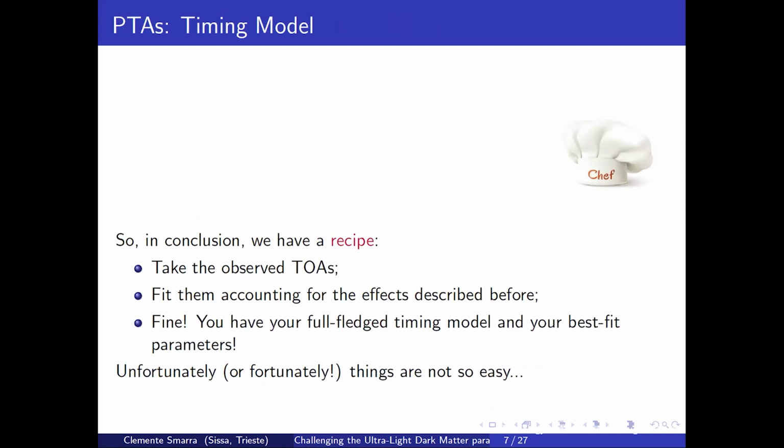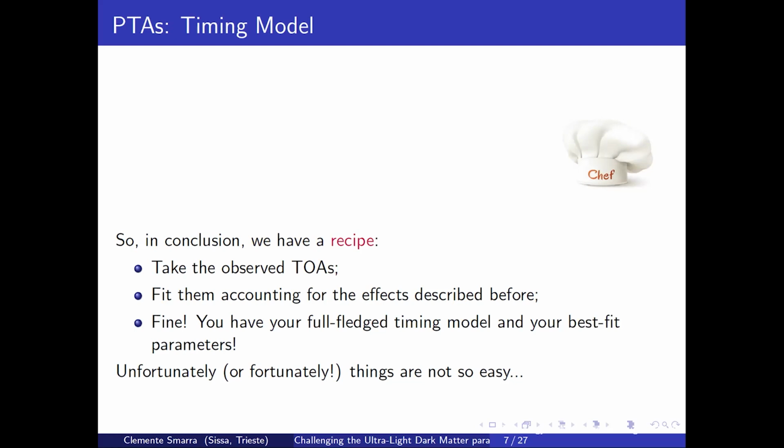So assuming you can do this, you have a recipe. You take the observed times of arrival, then you fit them accounting for the effects described before, which are parallax delay, Einstein delay, etc. And then you say, okay, I'm fine. I have my full-fledged timing model and my best fit parameters, it's finished.